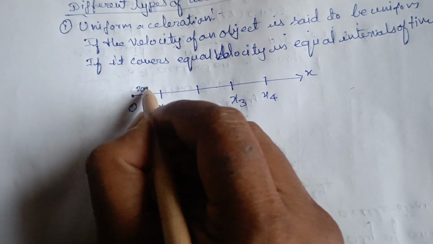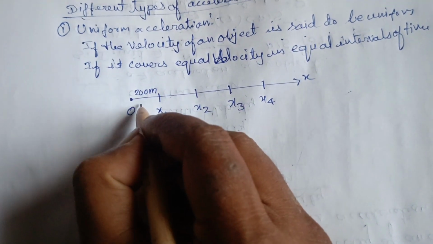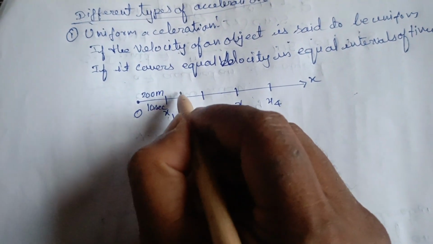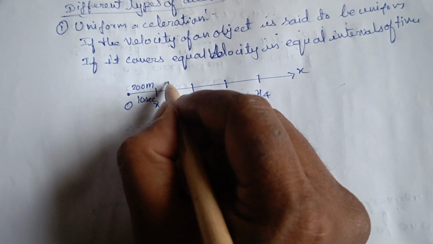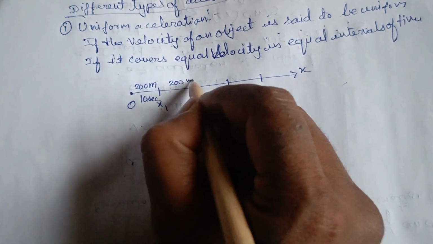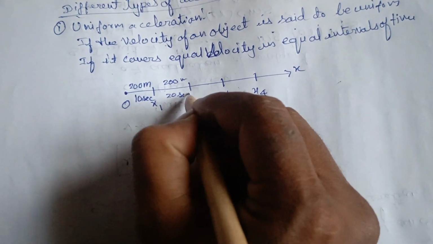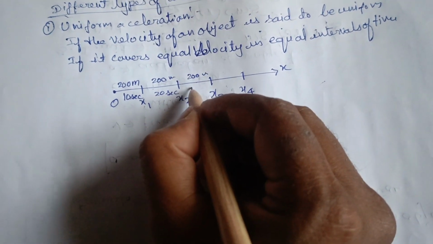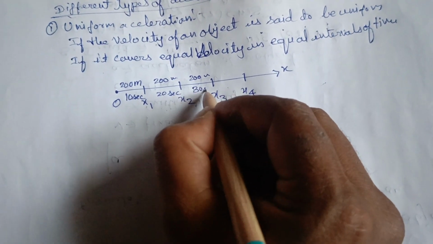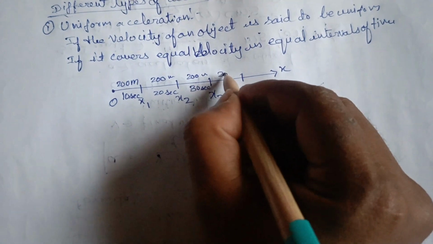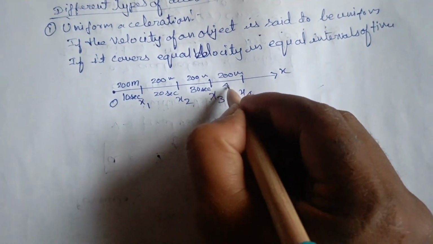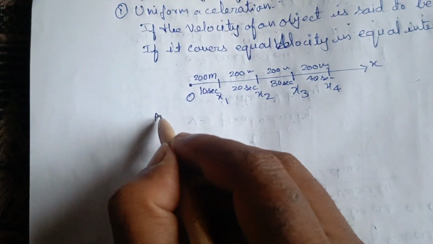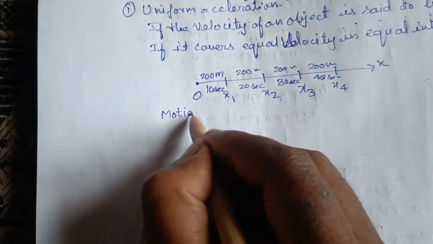The body has traveled 200 meters in the first 10 seconds, 200 meters in the next 20 seconds, 200 meters in the next 30 seconds, and 200 meters in the next 40 seconds. So obviously we can say the motion is uniform.